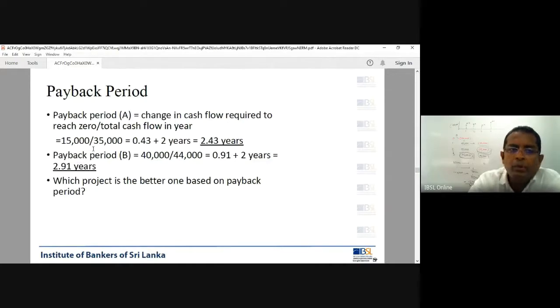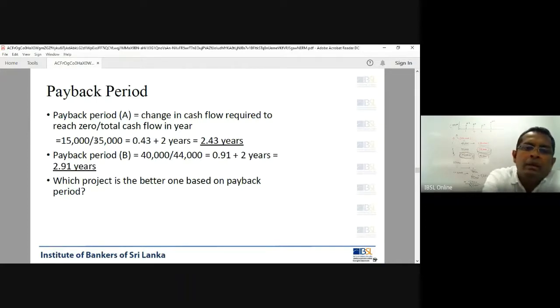So what we do, payback period is change in cash flow required to reach zero total cash flow in the year. That means what is the time duration we take to recover our initial investment? Full 2 years plus 15 divided by last negative figure divided by the next year's total.